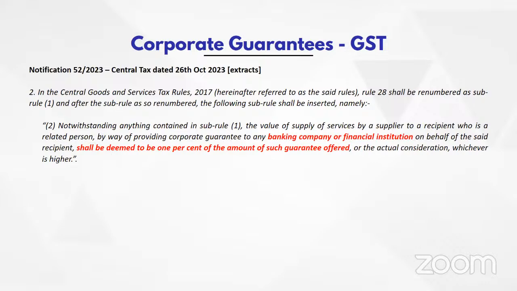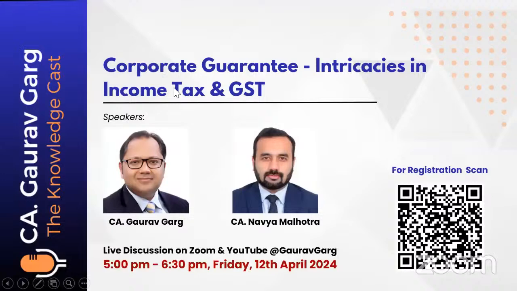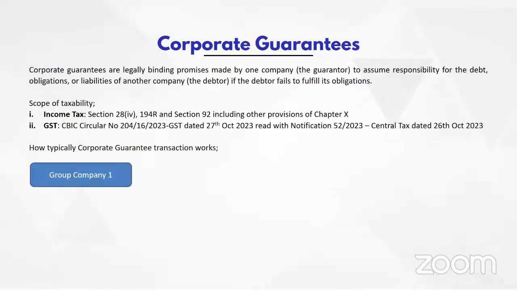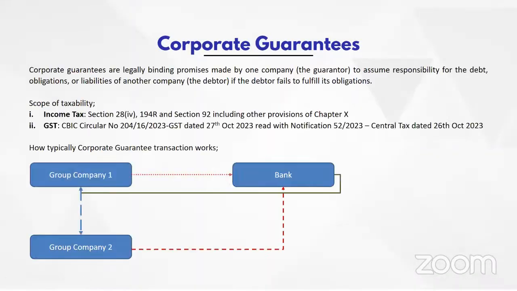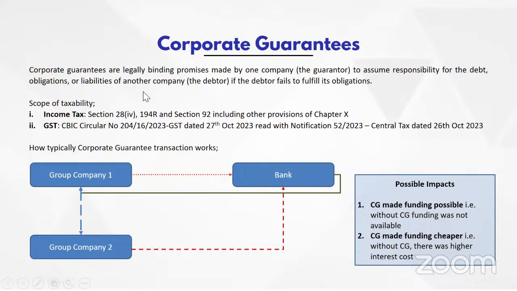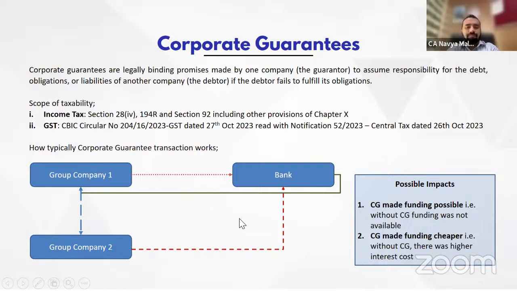So from the perspective of a corporate guarantee, as I said, there could be two scenarios. If I can go back to the very first slide, wherein the company has approached the bank, the other company is giving a corporate guarantee, and the bank is giving a loan only because of the corporate guarantee.